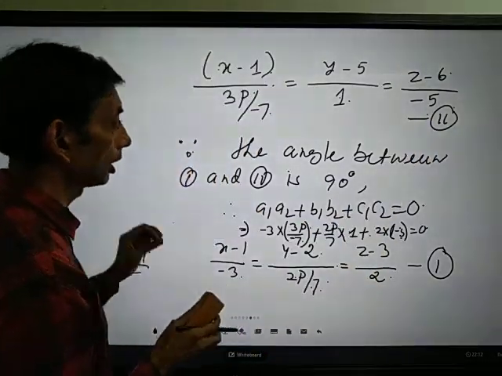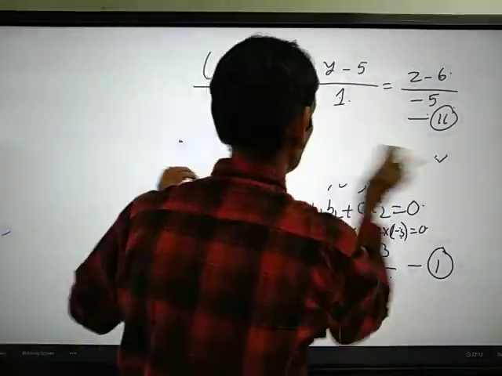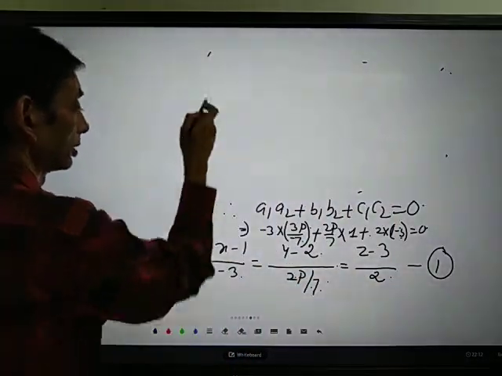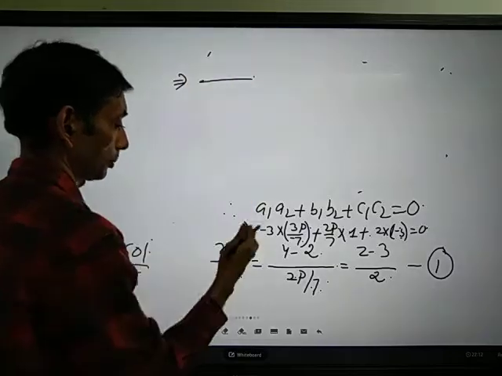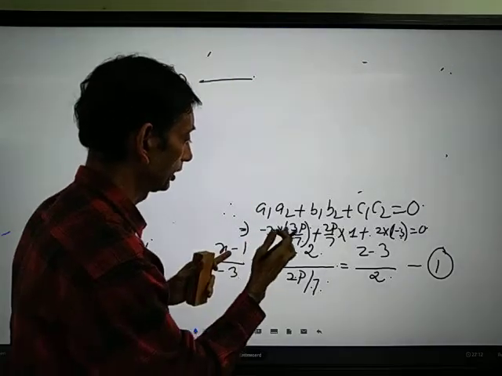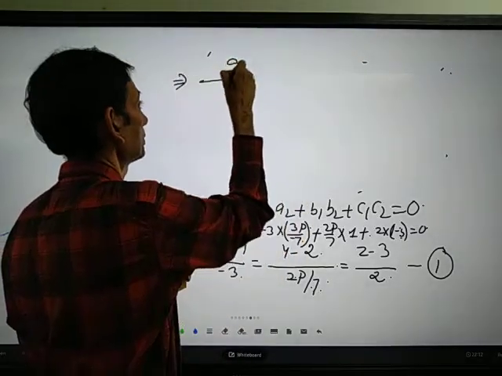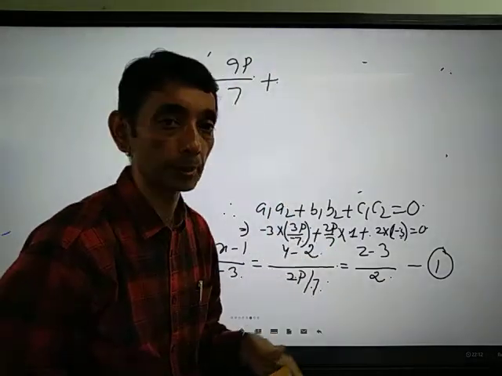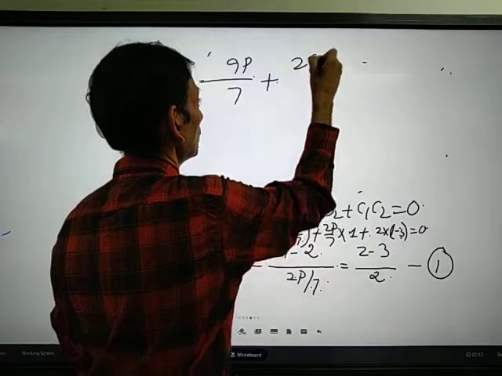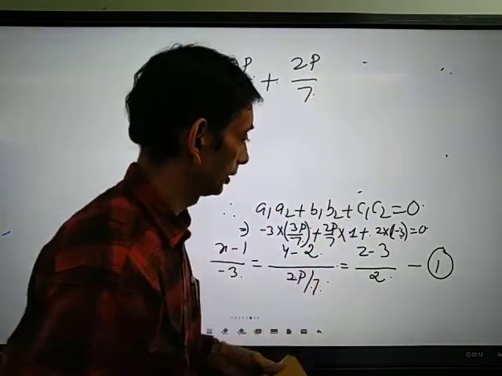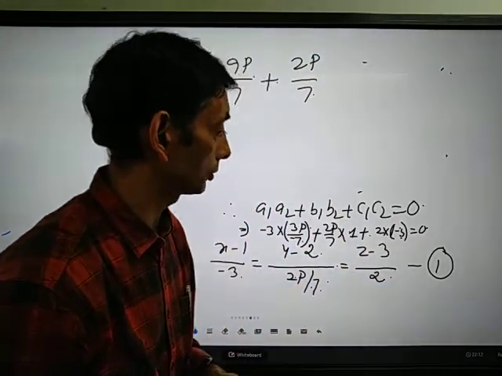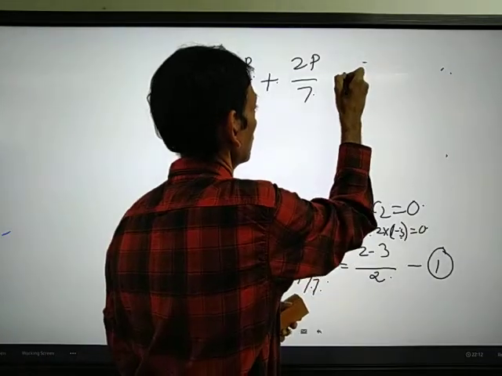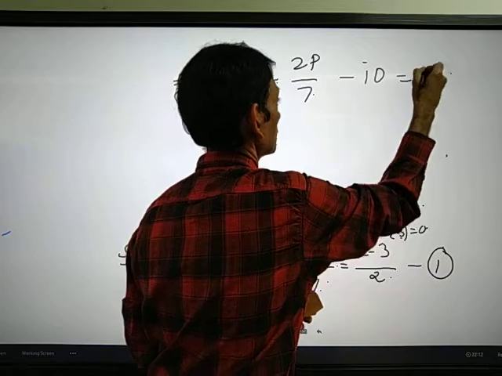So we need to simplify the steps now. We can simplify this way. Minus minus plus, so we can write this as 9p by 7 plus 2p by 7, and this will be 2 into minus 5, so it will be minus 10, equal to 0.